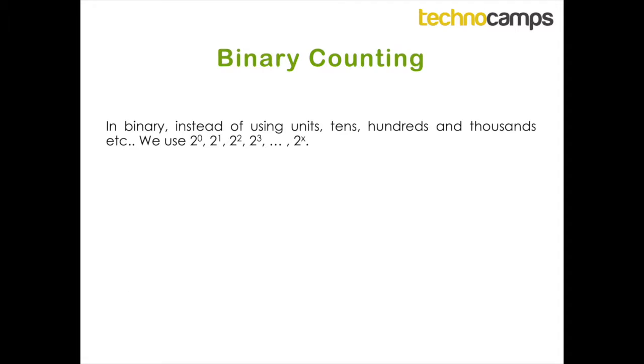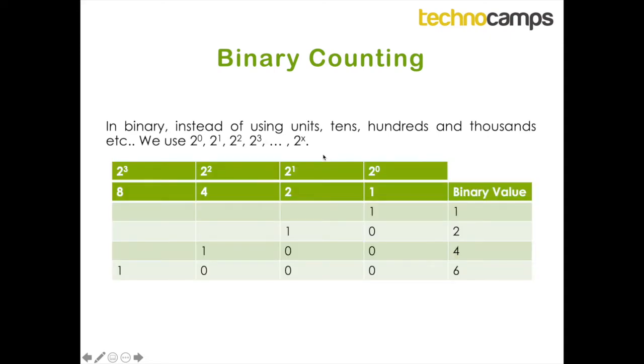Now, in binary, instead of using units, tens, hundreds, and thousands, which mathematically are represented as 10 to the power 0, 10 to the power 1, 10 to the power 2, and 10 to the power 3, etc., we use the following mathematical expression: 2 to the power of 0, 2 to the power 1, 2 to the power of 2, 2 to the power 3, etc. So this is what it would look like as a table.